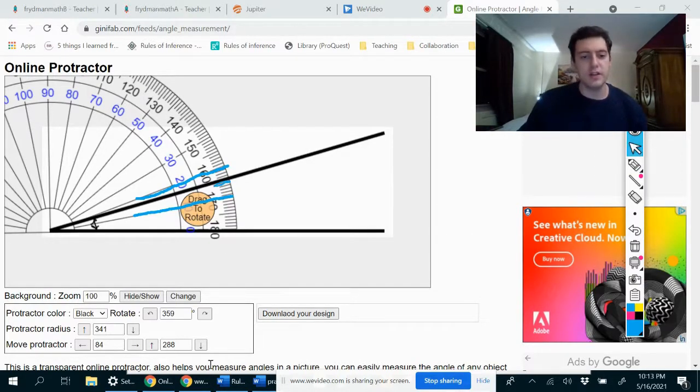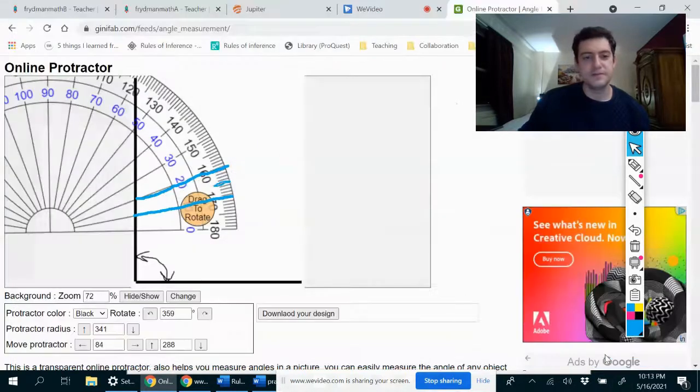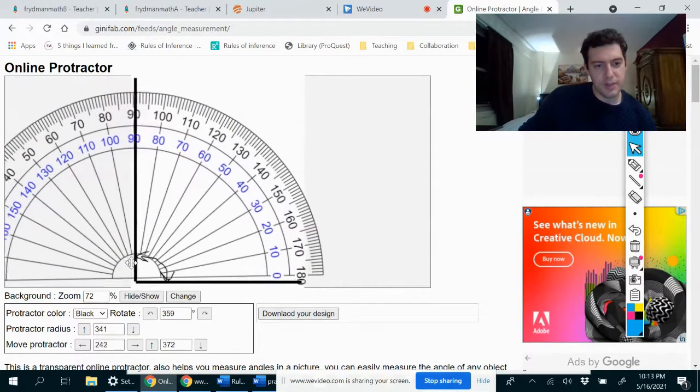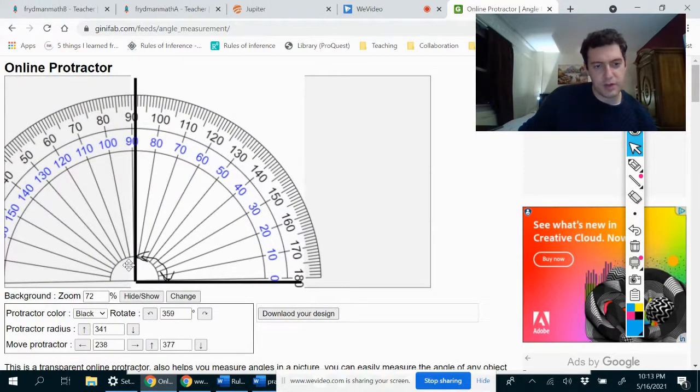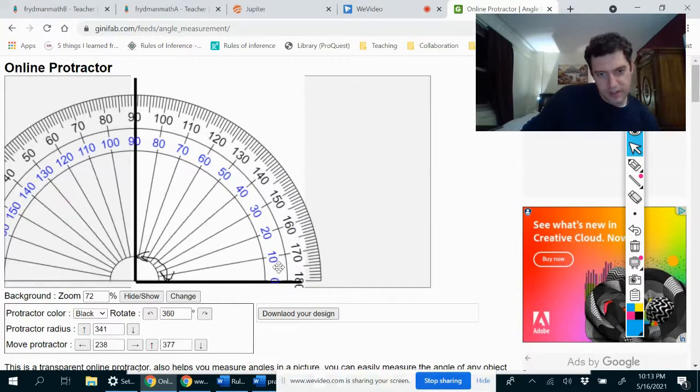Let's look at another example. There's a fun face over there. Okay, so let's get this vertex on the bottom center part of the protractor. Now let's just adjust the protractor so that this line over here is going through 0 over here.